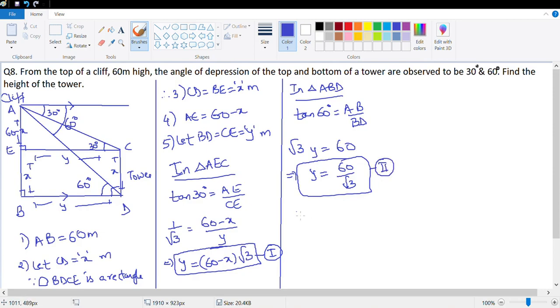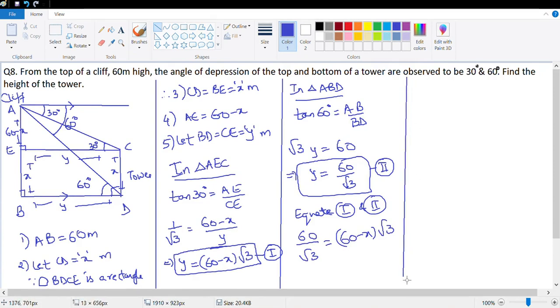This is equation 2. So equate, since both of them are basically values of Y, so let's equate 1 and 2, which means 60 upon root 3 is equal to 60 minus X times root 3. Let's see if we can solve this further. Let's cross multiply. What it gives me is 60 is equal to 60 minus X times root 3 into root 3, that's 3.